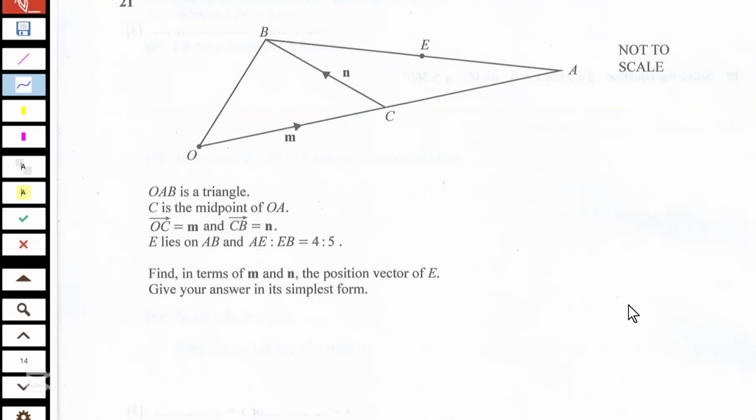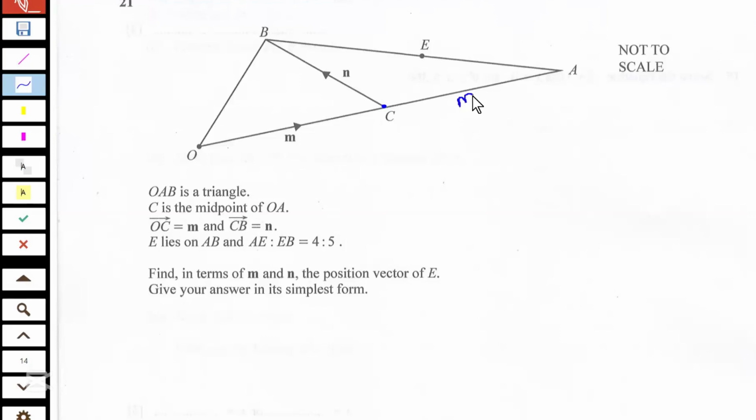Now, from the instructions given here, C is the midpoint of OA. So if C is the midpoint of OA, then we have OC is M, and CA will also be M because C is the midpoint.